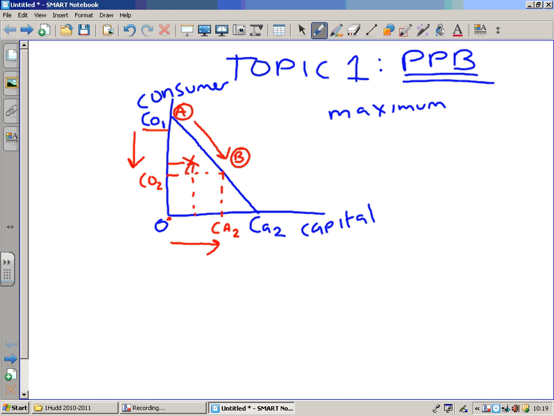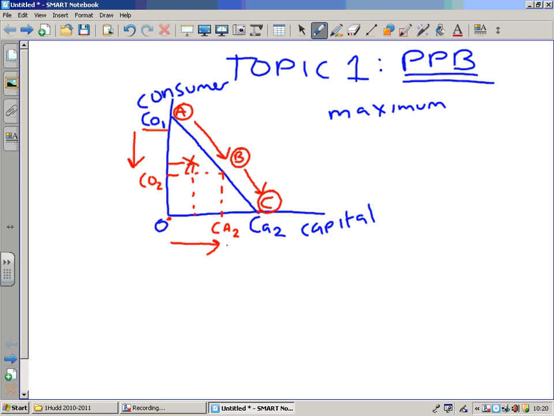So in this case, our opportunity cost is, as we go from 0 capital goods to CA2 capital goods, we lose CO1 to CO2 consumer goods. Let's imagine the economy now decides to move to point C. So at point C, we're now producing CA2 capital goods and 0 consumer goods.